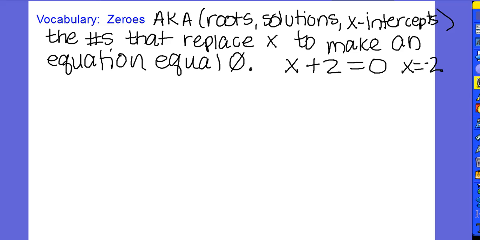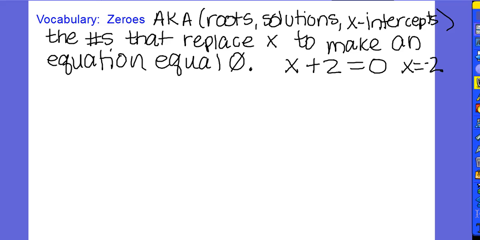So we would call -2 a zero, because the -2 is the number that zeroes out that equation and makes it equal 0. Okay? So we'll be looking for zeros often today. They help us determine the boundaries of our answers, or the constraint numbers.